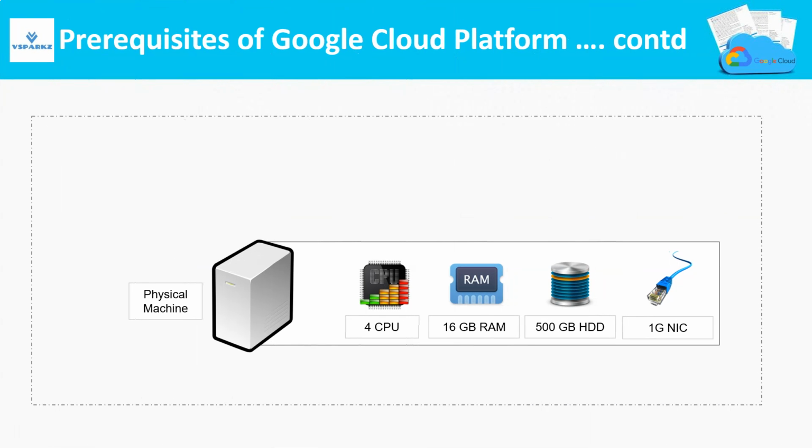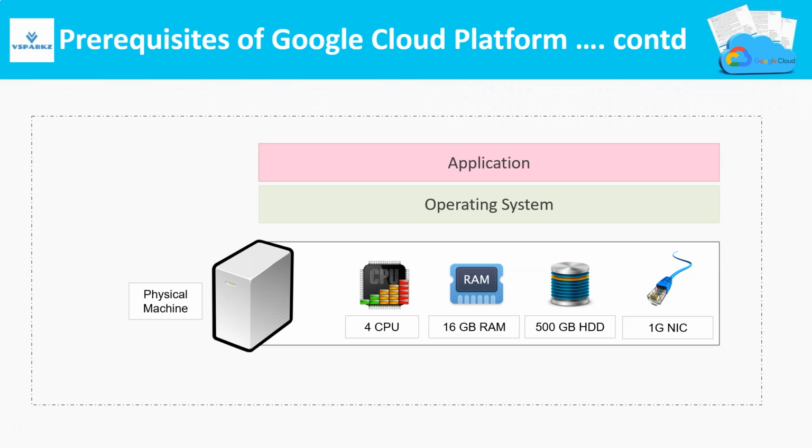This picture shows a typical physical machine with CPU, RAM, hard disks, network cards, etc. This physical machine is designed to run a single operating system and application. This model leaves most of the underlying resources underutilized. For example, you have 16 GB of RAM.